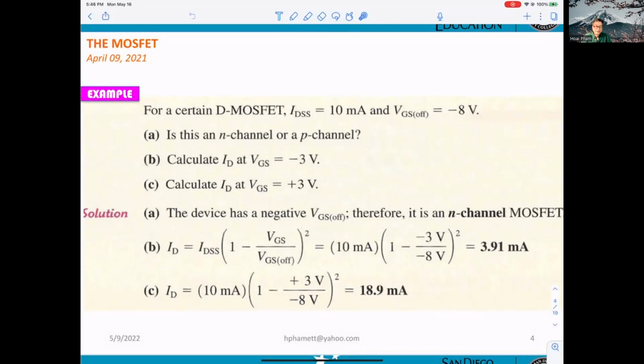Using the same formula, you get ID equal 18.9 milliamp. That's very basic, as in the JFET. Remember, the D MOSFET works the same as the JFET, but the E MOSFET is different.